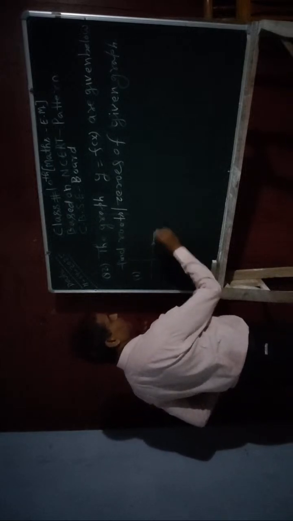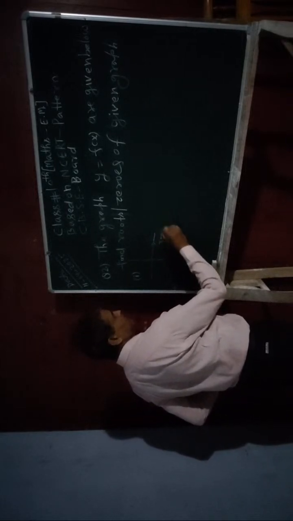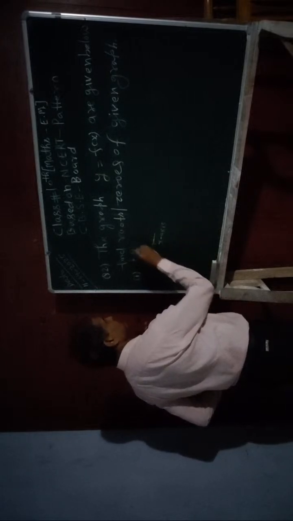So graph is given. I am going to write here. Graph 1 is like this. One is the x-axis, other is the y-axis. This is called x-axis, and this is called y-axis.